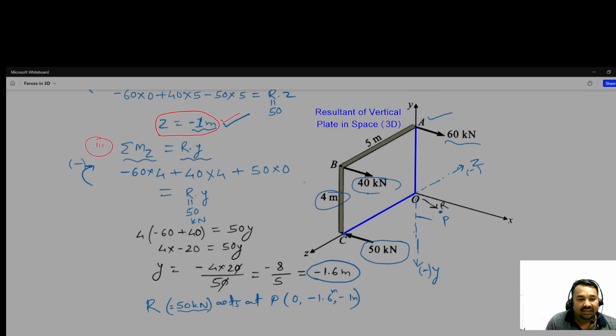So our resultant R acts at P, that is 0, minus 1.6, minus 1 meter. This is the final answer.